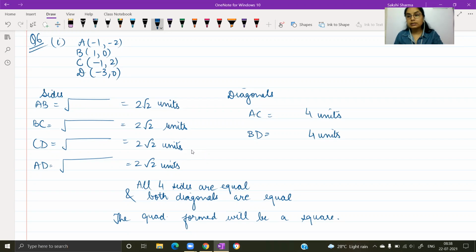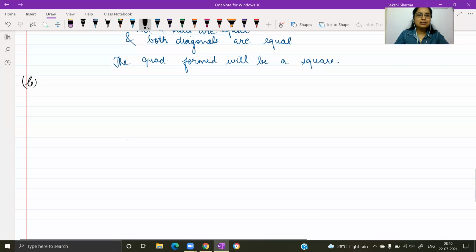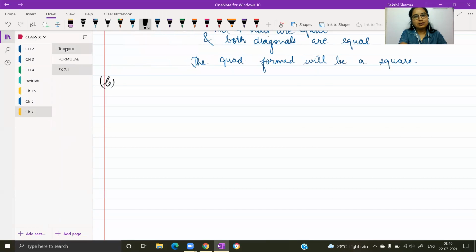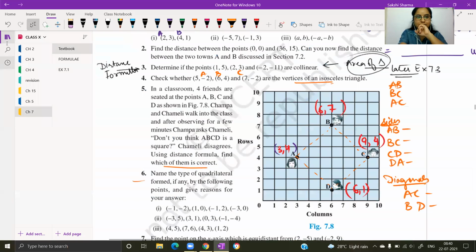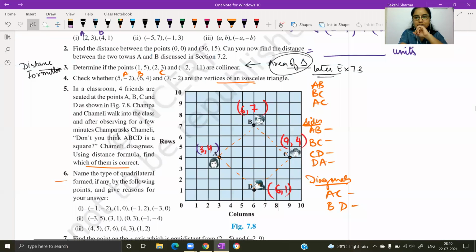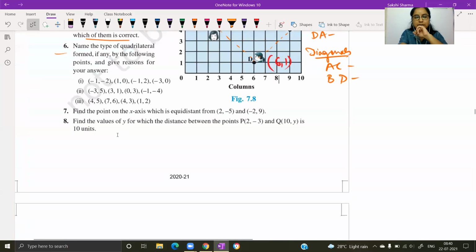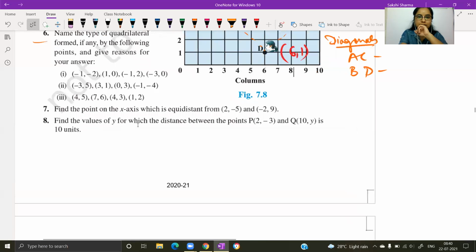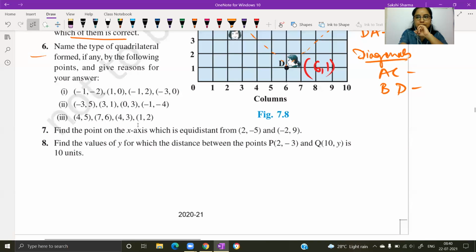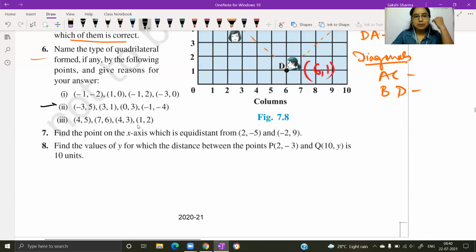Anyone who still is not able to apply distance formula? Second part. Okay, I'll just give you a few minutes. You can complete this and tell me if there is any question here. Second part.